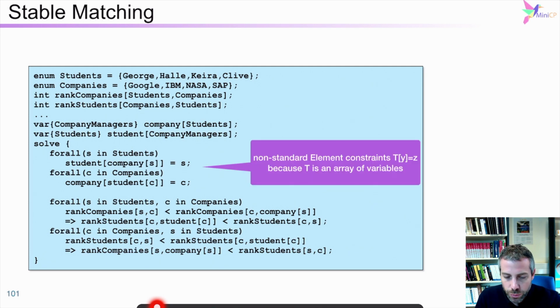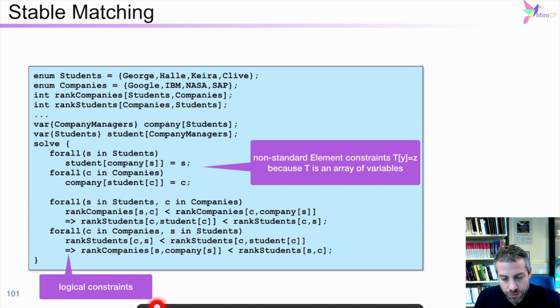What kind of constraints do we need there to model that problem? As you can see here, we have the non-standard element constraints because we are indexing an array of variables by a variable. So we will need to extend a little bit the definition and the genericity of the element constraint that we have seen so far, and in particular 1D element constraints.